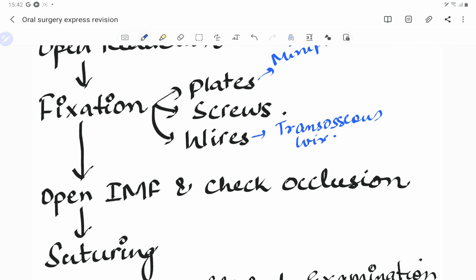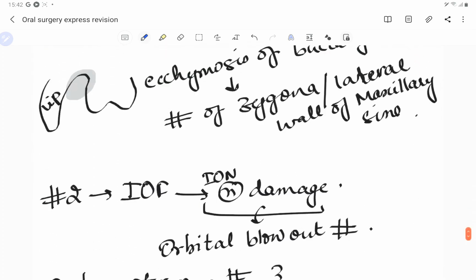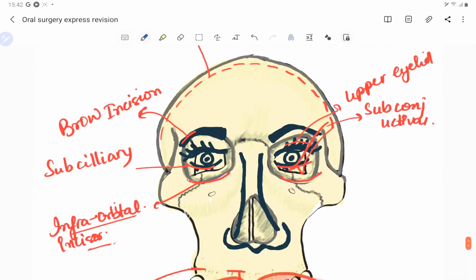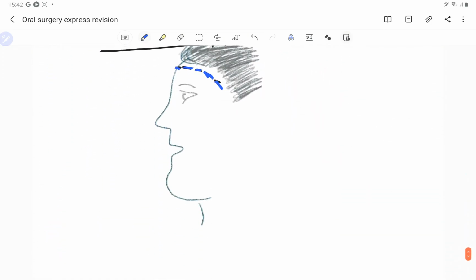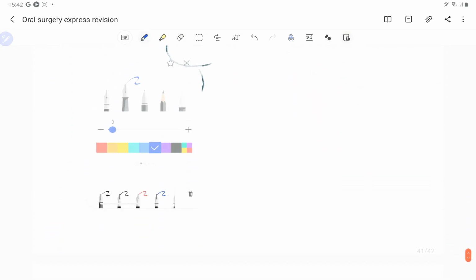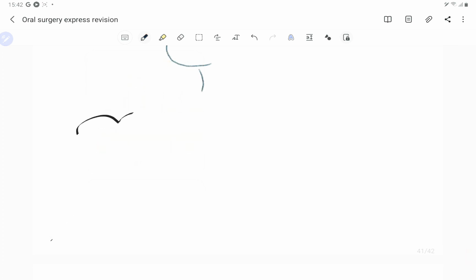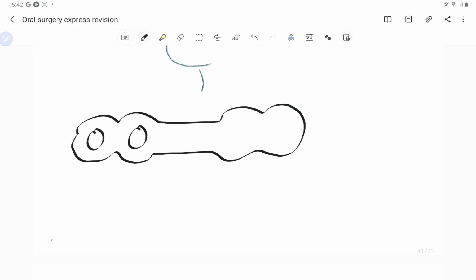We put the plates. The most common plate which we use is the 4-hole plate. So the most common one is the 4-hole mini plate with a gap. So this is the mini plate which we use.